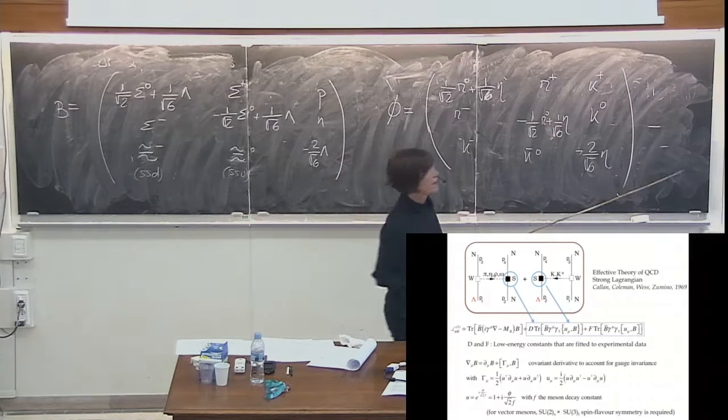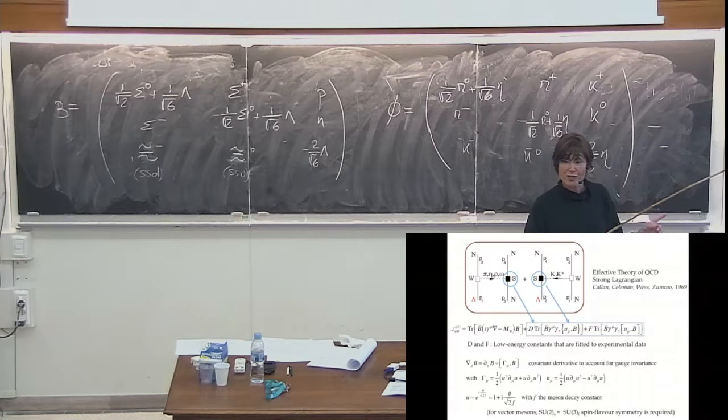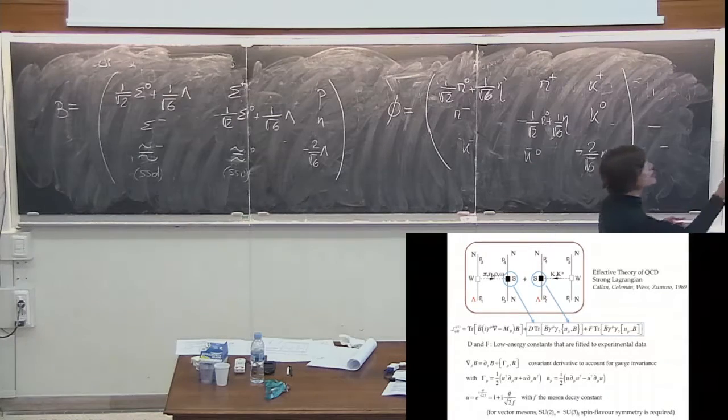But not all the couplings will get contributions from all the terms. You can actually see that vertices involving different mesons and different baryons can contain only one of those constants, or sometimes both of them.